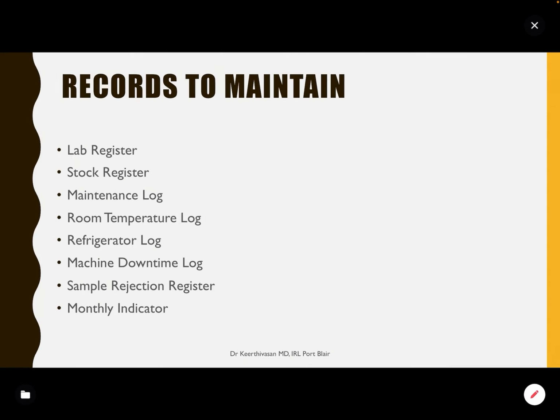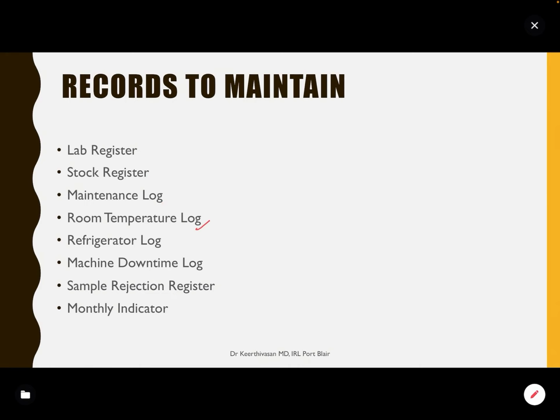So let's see what are the records to be maintained at a TrueNat site. The first one obviously is your CBNAAT register, that is a lab register. Then we have the stock register. All the consumables which you get for TrueNat have to be maintained in a stock register. Maintenance log, which we already discussed during part 2 of this training.